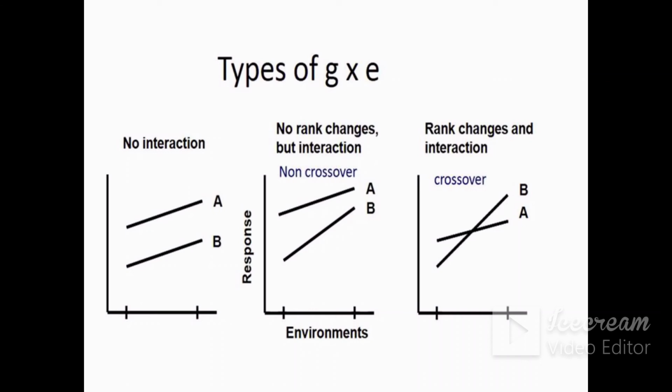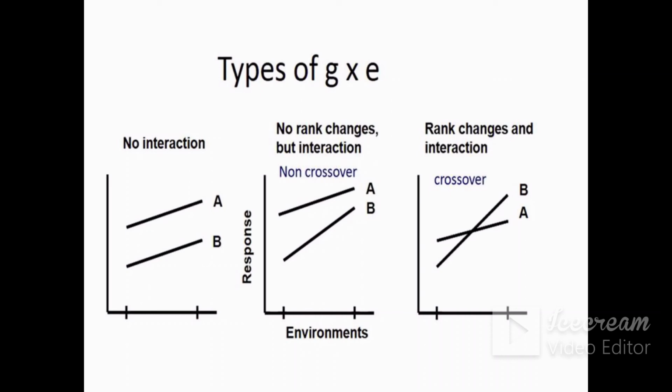In the second condition, interaction but no rank change, there is no crossover between the production lines. In the third condition, interaction with rank change, there is a crossover between the production lines.